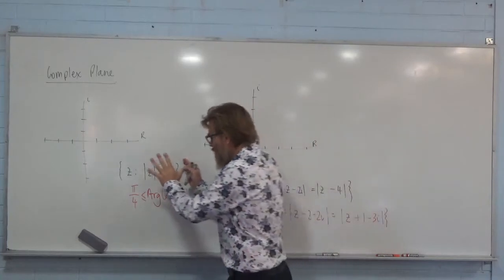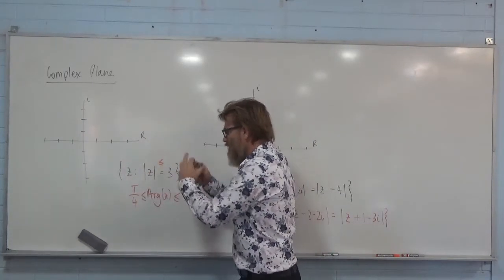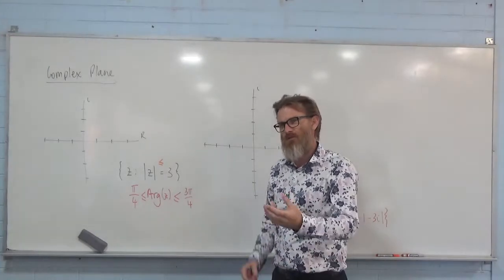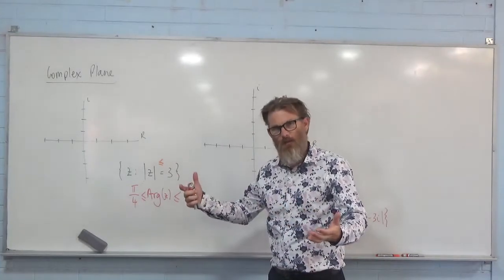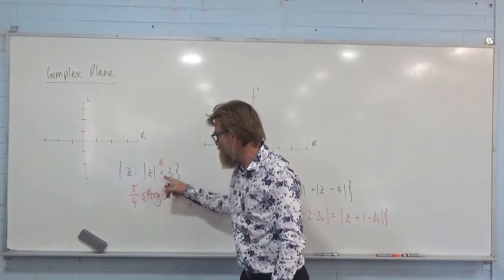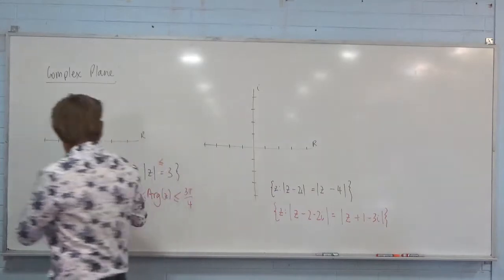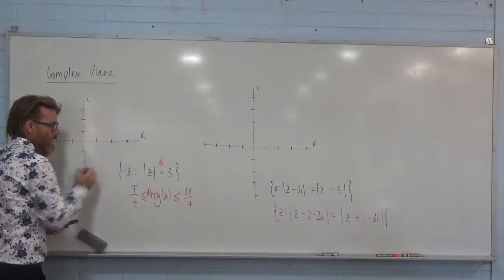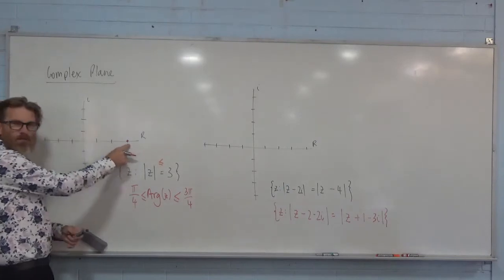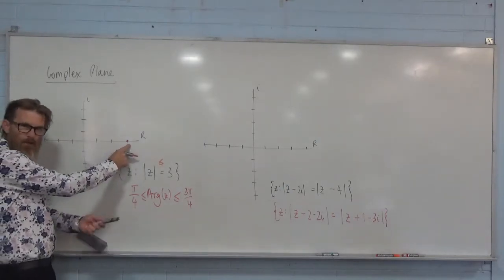So that whole thing is telling me, show me the points where the modulus is equal to 3. Well, modulus is kind of like radius, isn't it? So if I want the modulus, the absolute value of z, to be 3, on here what I'm going to find is that that point there is going to fit that, because that would be 3 + 0i. Find the modulus of that, you're going to get 3.